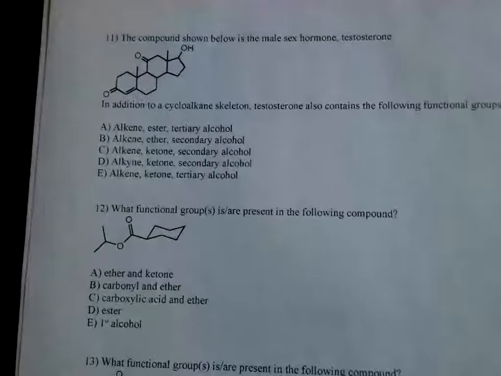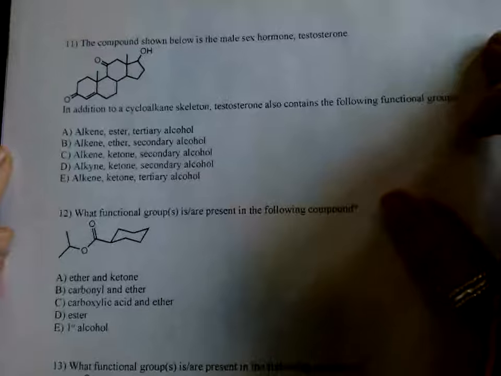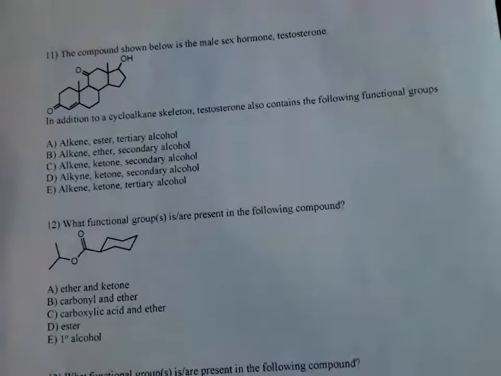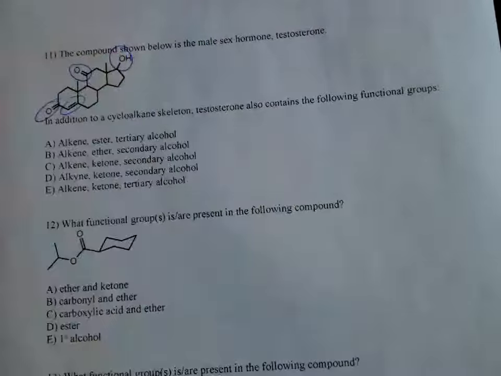Question 11, the compound shown is the male sex hormone testosterone. So for all of you medical doctors, see there is an application here. In addition to cycloalkane skeleton, testosterone contains the following functional groups. So there's one right here, one right here, one right here, and one right there.